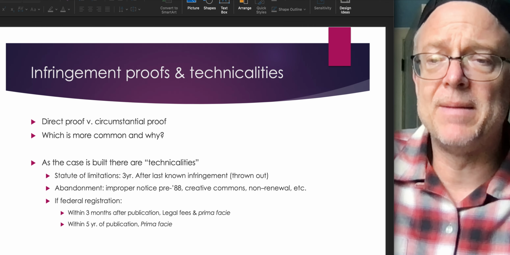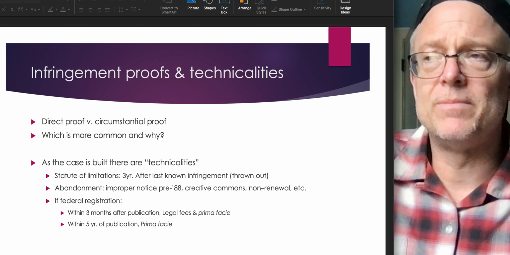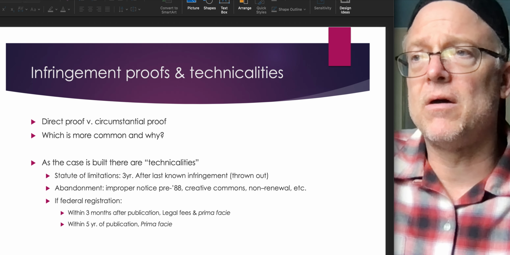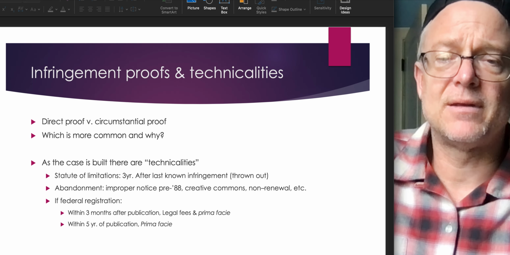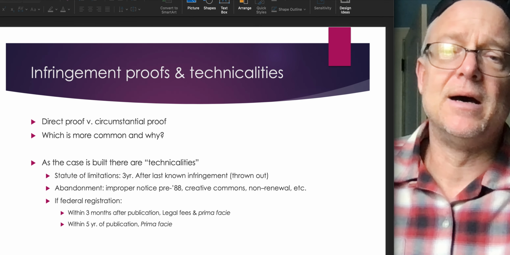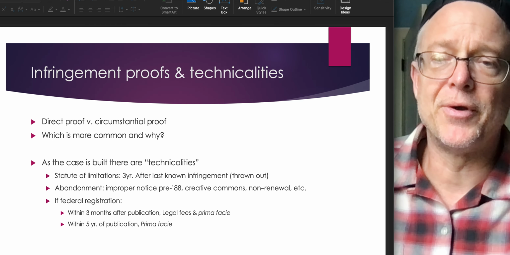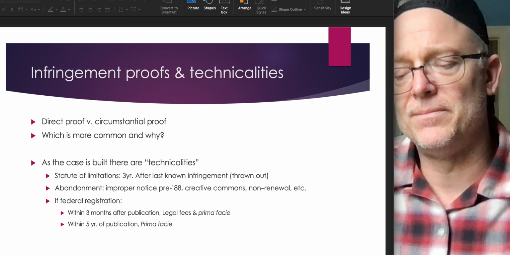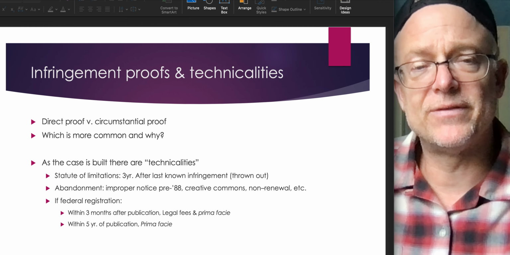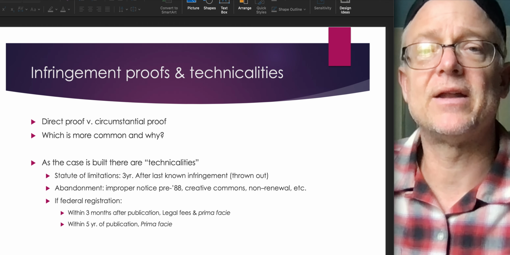And then, of course, you'll remember federal registration would be affording prima facie evidence. It's the presumption that anybody who shows you the copyright certificate from the United States, that federal registration is presumed to be the owner, and the burden of proof shifts to the other party. Okay, so there are some technicalities that go along with that as well.